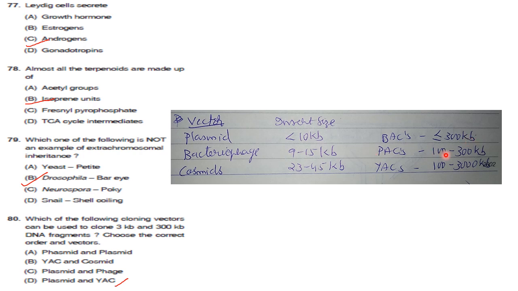And PAC, it is 100 to 300 kb, and YAC, it is 100 to 3000 kb. So they have asked which of the cloning vectors can be used to clone 3 kb and 300 kb DNA fragments. Answer is option D, that is plasmids and YACs.